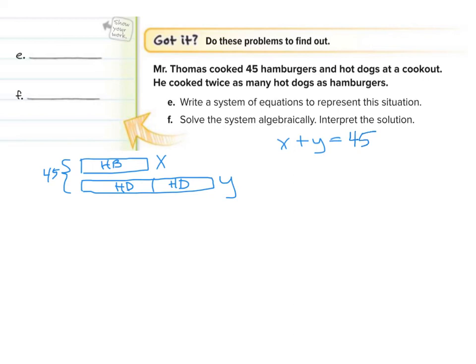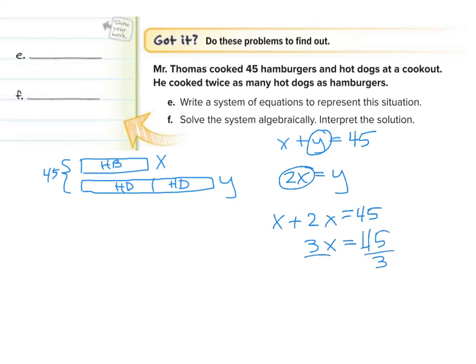And I also know that 2x equals 1y. So I can substitute 2x in for y in this equation. So x plus 2x equals 45. So it's 3x equals 45.